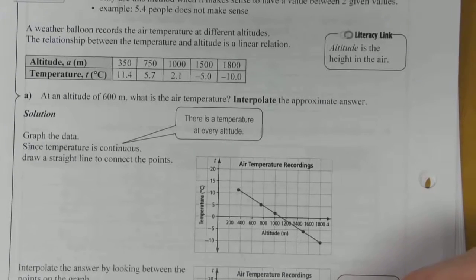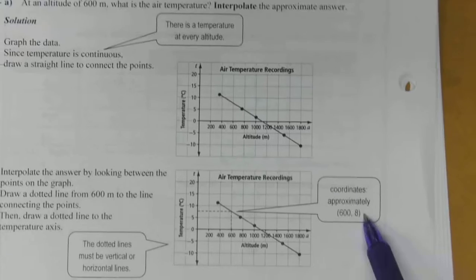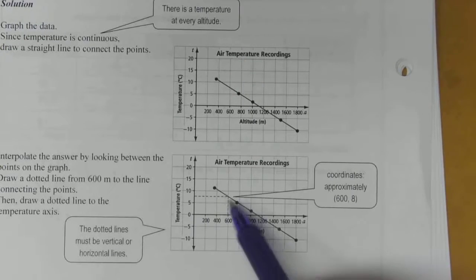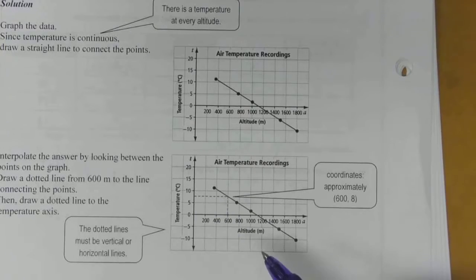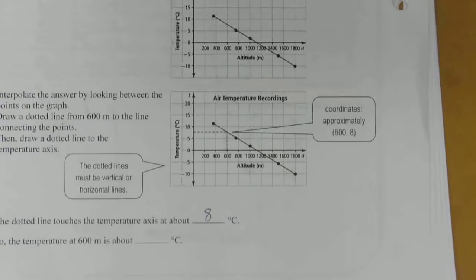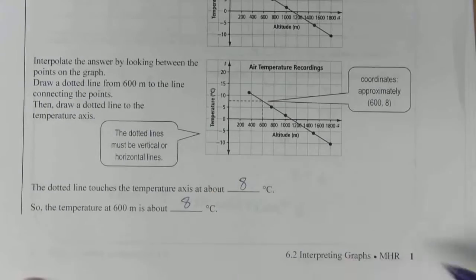At that point, you draw a dotted line over to the other axis, and you will see that at 600 meters, you're at approximately 8 degrees Celsius. If there was a point here, it would be 600 meters and 8 degrees Celsius. So the temperature at 600 meters is about 8 degrees.